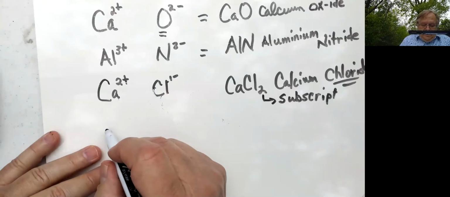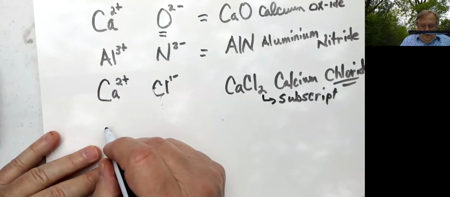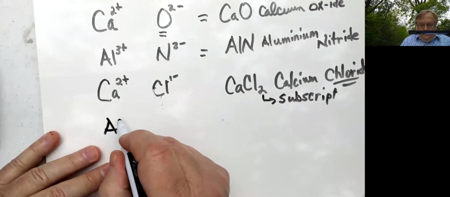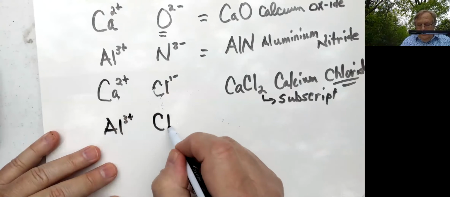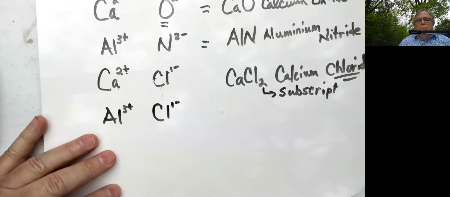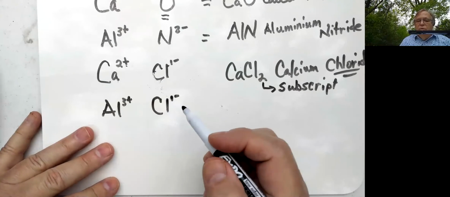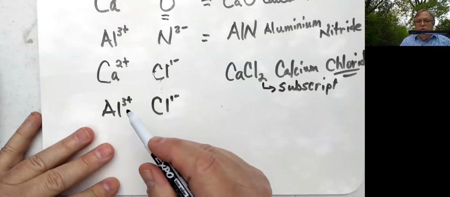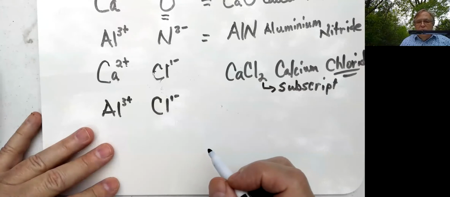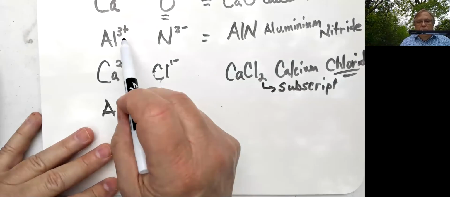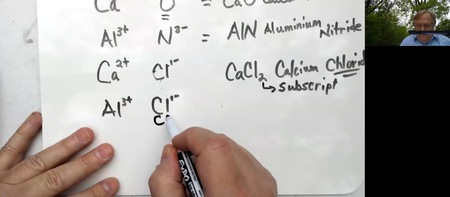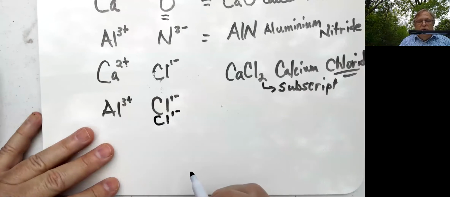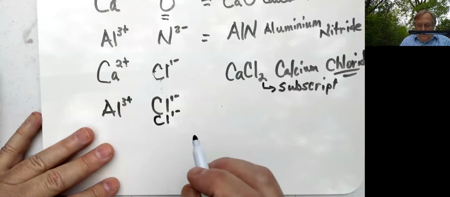Let's go to another one. What if we had aluminum and chlorine? Well, chlorine's still -1. Aluminum, we saw a few minutes ago, is +3. All right, well, let's see. If we add one more, that gets us to +3 and -2, which is +1.